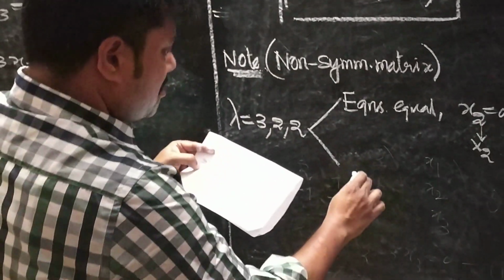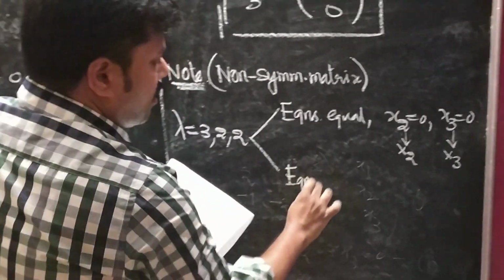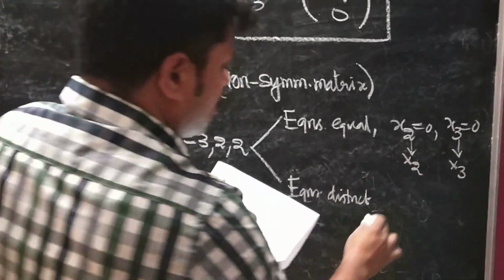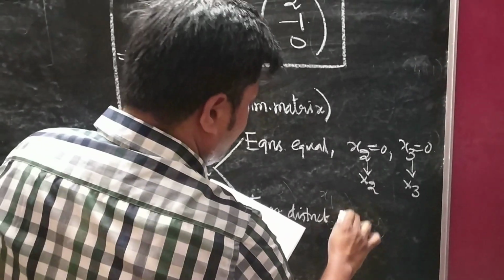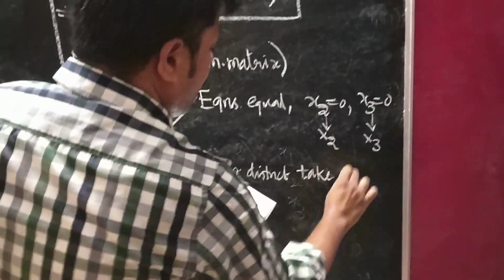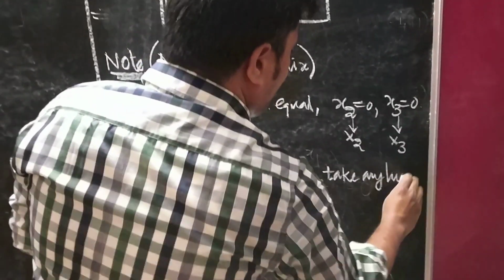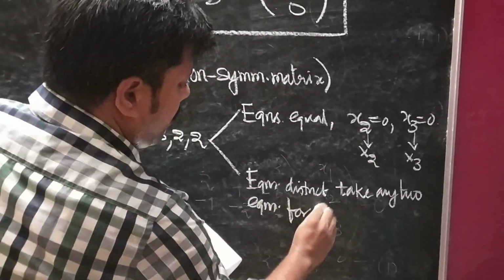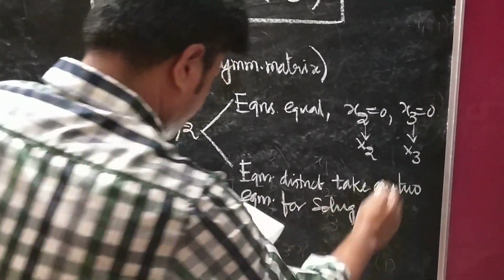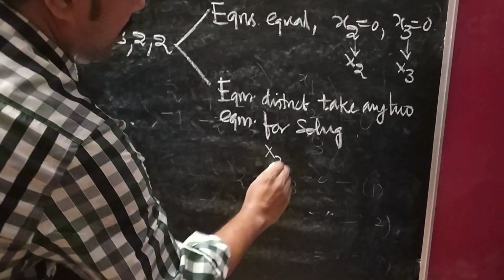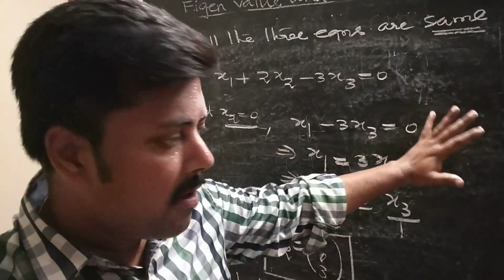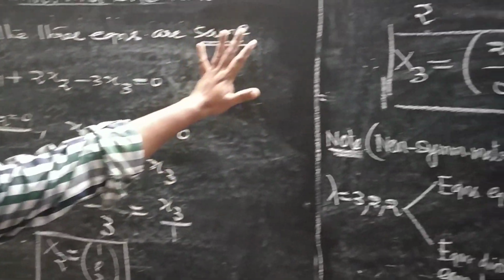Suppose equations are distinct. Take any two equations for solving. So x2 equal to x3. So if equations are different, solved by cross multiplication rule, we get one eigenvector.